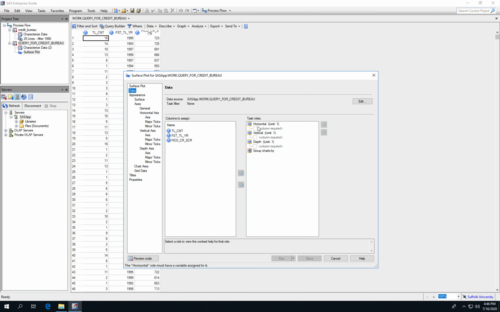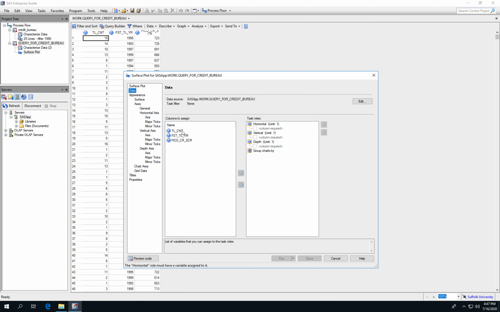The horizontal is going to be the closest one to you. Depth is going to be your axis that goes away from you, and the vertical one gives the true depth to the graph. If you had a mountain, for example, the elevation itself would be on that vertical area.